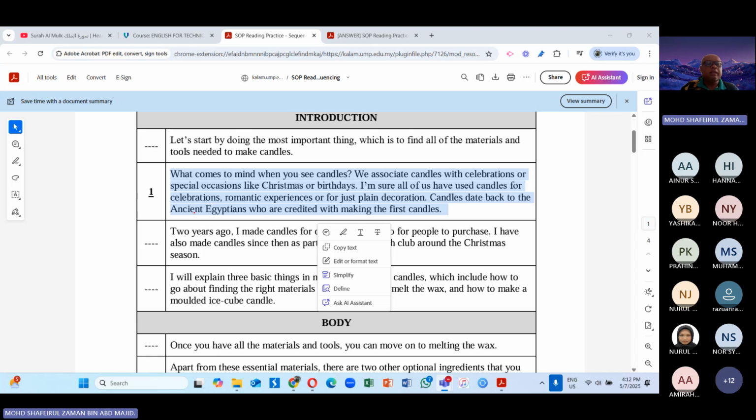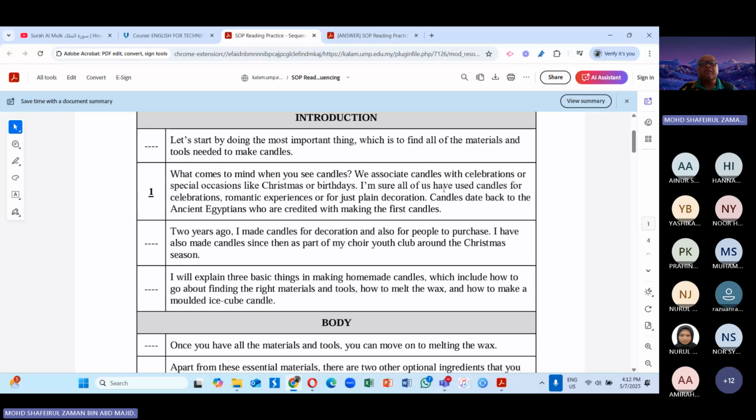The movement from the general statement to the thesis statement is called a funnel concept or inverted pyramid. So you start with the bigger idea, then you narrow it down to the topic or the thesis statement of the essay. That is the reason why number 1 comes as number 1, because it is more on general statement about candle.